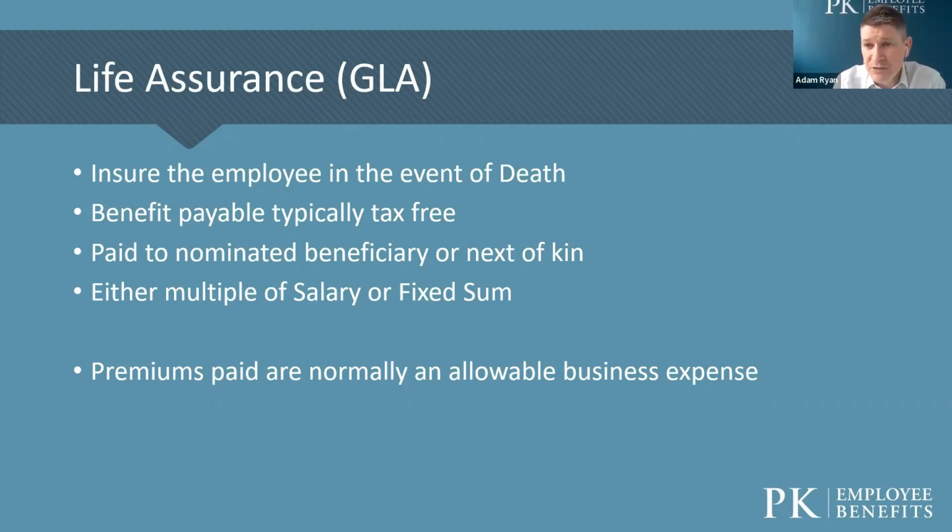Benefits are typically payable tax-free to their nominated beneficiary. A lot of these benefits that we're going to go through today, just to highlight, premiums are generally an allowable business expense from an employer's perspective, so can be tax efficient for you as well.